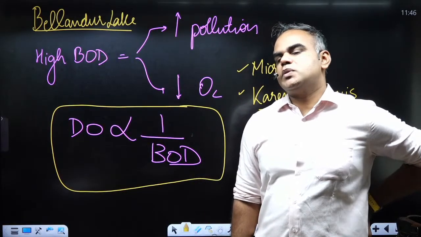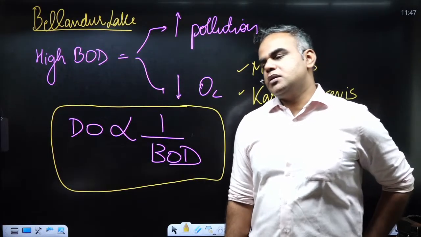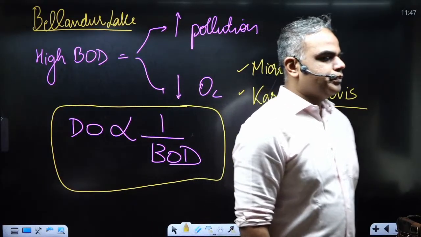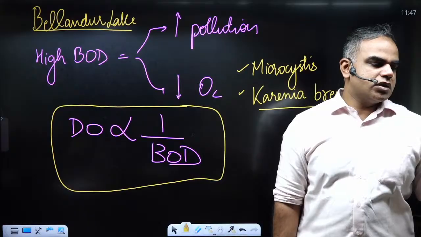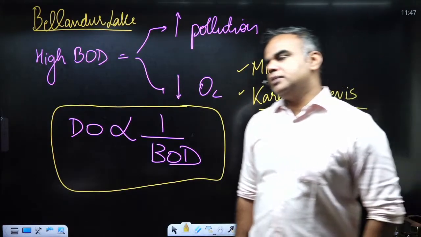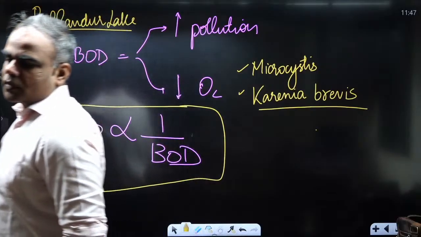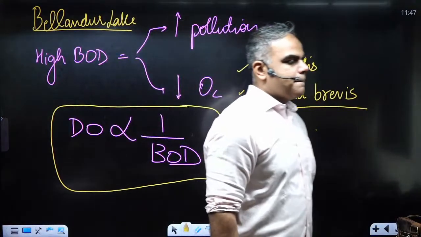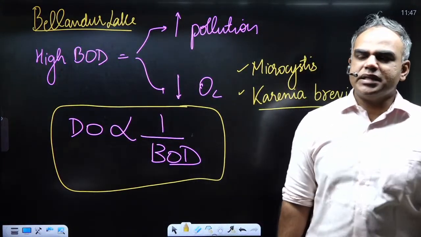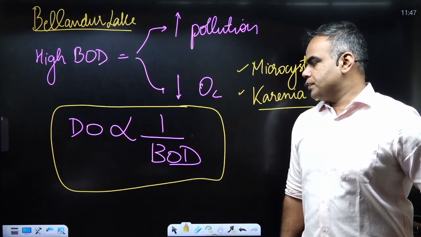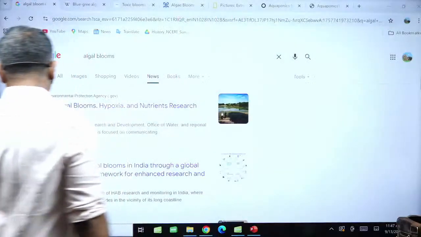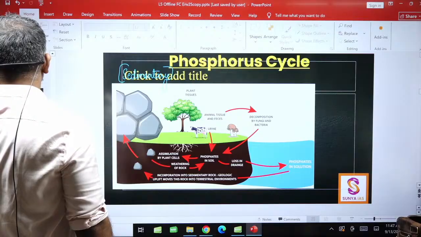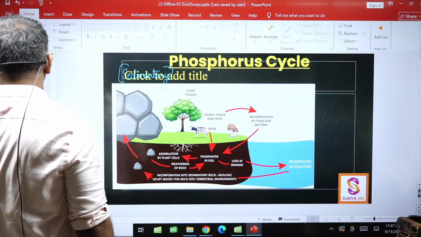Third is tourism loss, which is again a subset of economic, but you can write it as a separate point. Then you can write water unusable for drinking, bathing. Then public health risks from toxins.